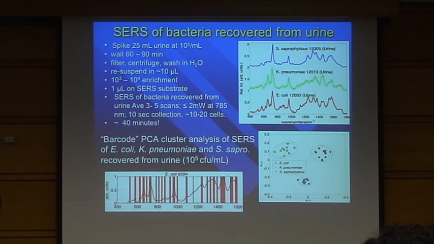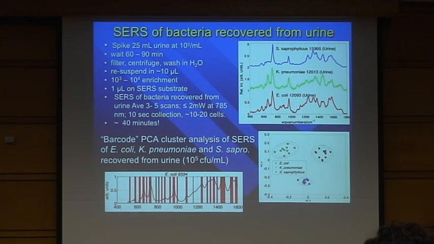This can really all be nicely done in a microfluidic fashion. The enrichment that results from the centrifugation and filtration is about 3 or 4 orders of magnitude. Take 1 microliter of that enriched material, put it on a substrate, and within a couple minutes you get these representative spectra.